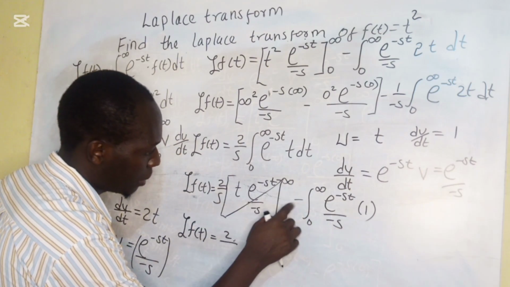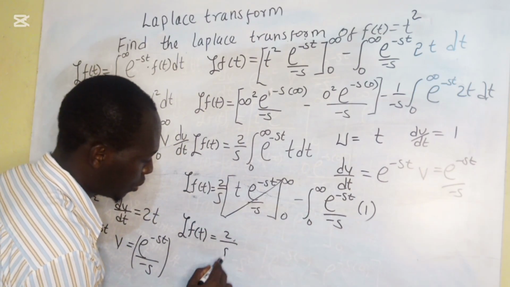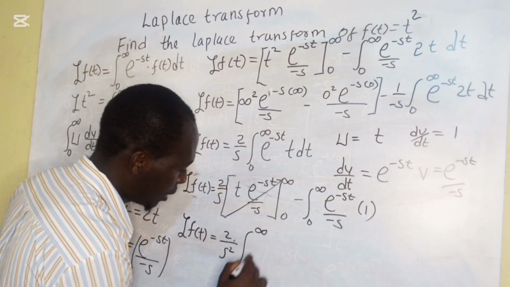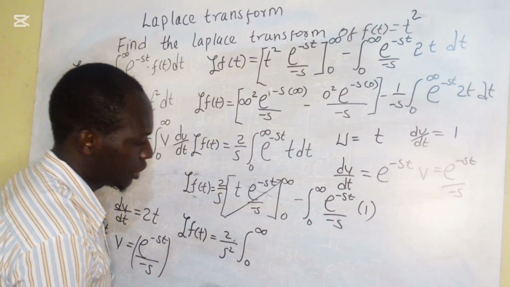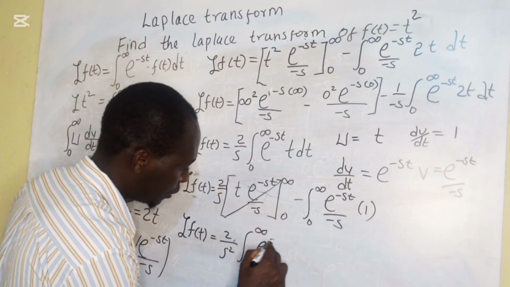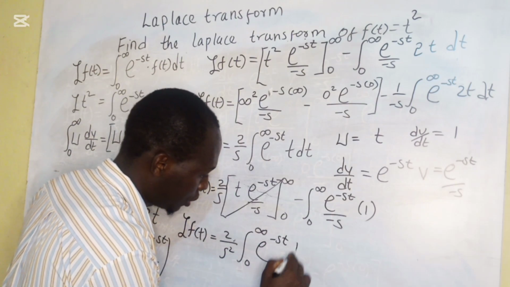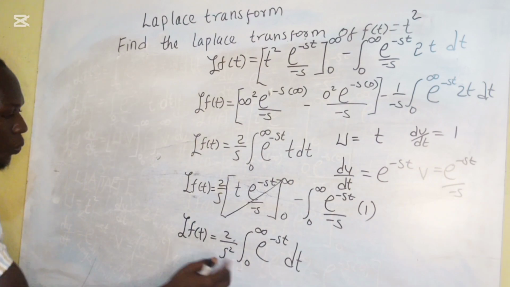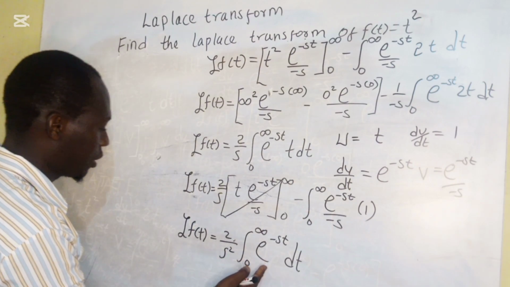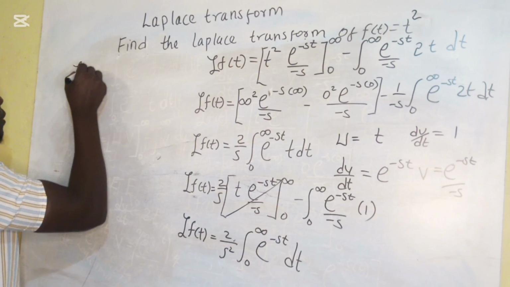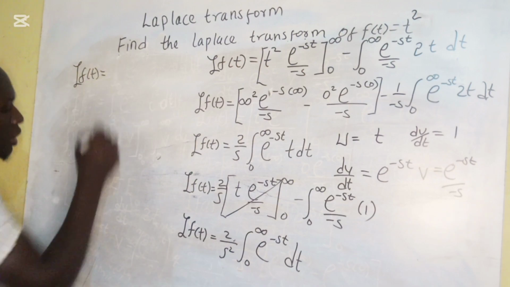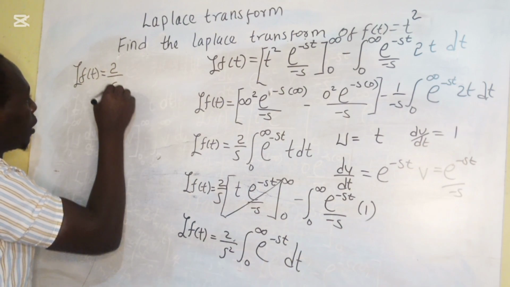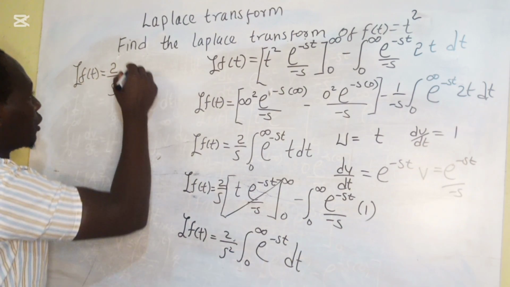this one. When we multiply by this, it is going to be a positive, so we are going to have s squared, an integral with respect to our limits, infinity up to 0, exponential negative st, and our integration is with respect to dt. From this point now, we can carry out our integration here, and we are going to have the Laplace transform of our function f of t is equal to 2 all over s squared.